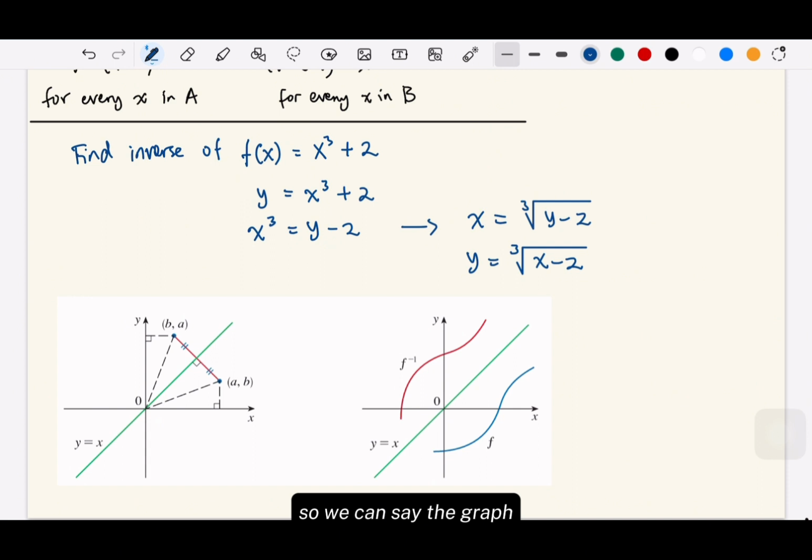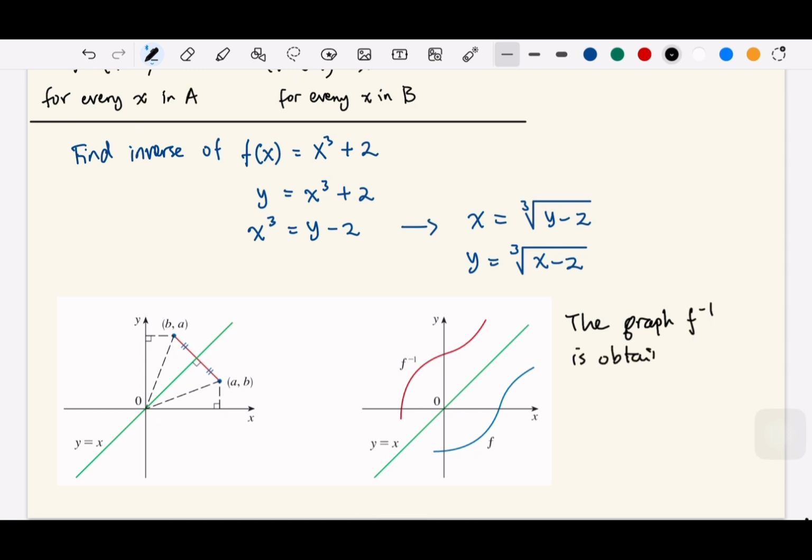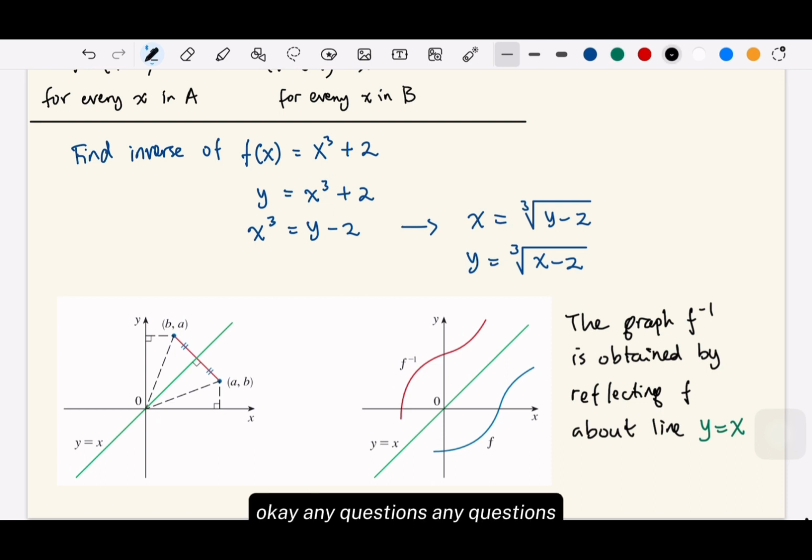So we can say the graph of f inverse is obtained by reflecting f about the line y equals x. Okay. Any questions? Any questions?